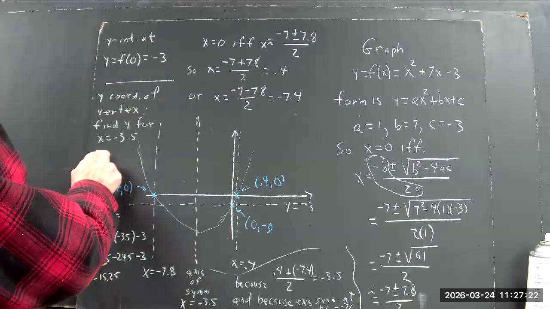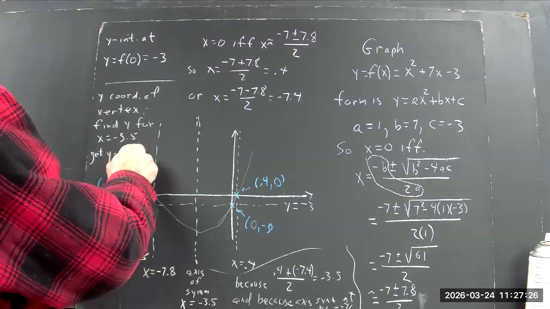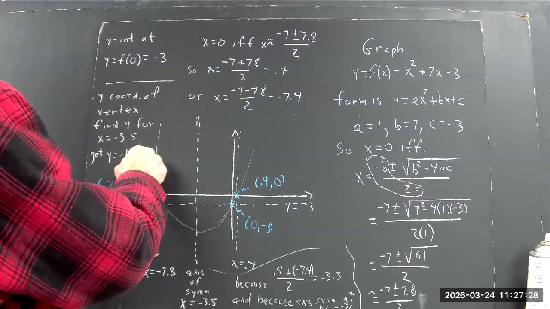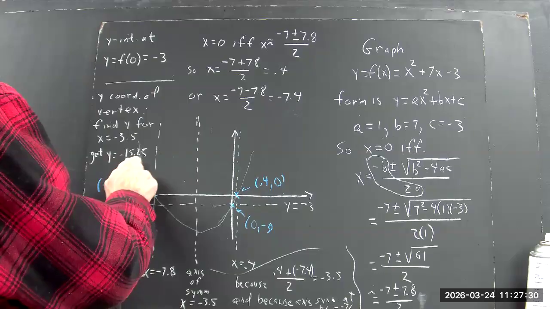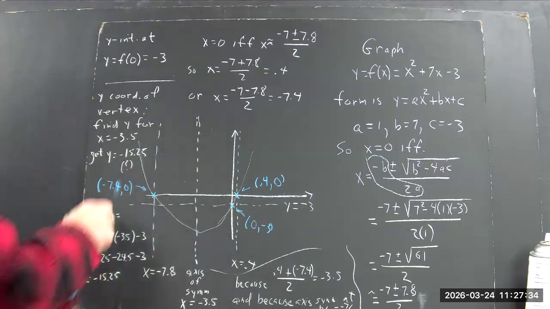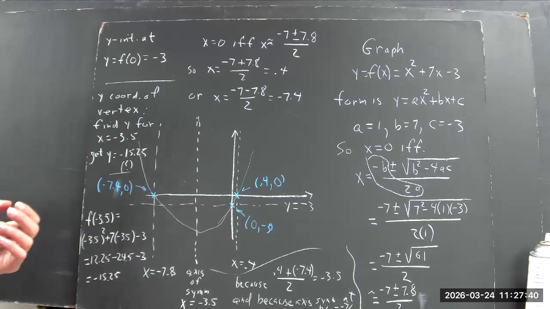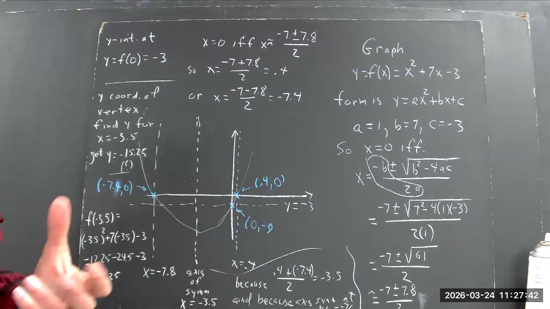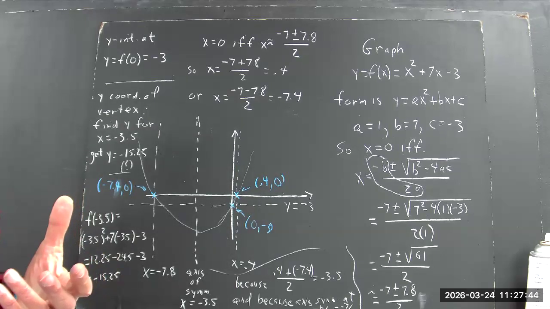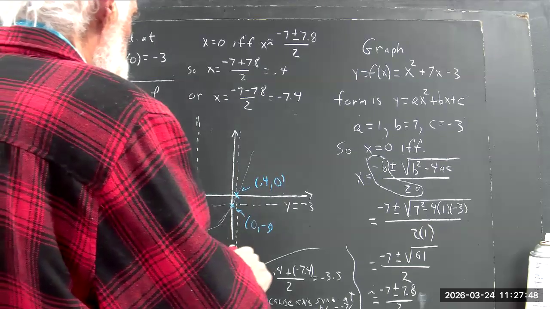So we get y equals negative 15.25. I'll put a little question mark there. I did that in my head, and my head doesn't always get it right. Fair enough. So we need a line for y equals negative 15.25.